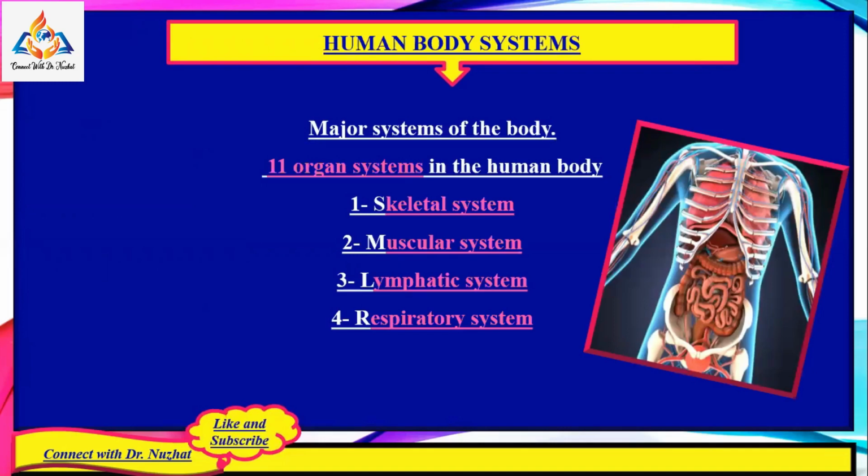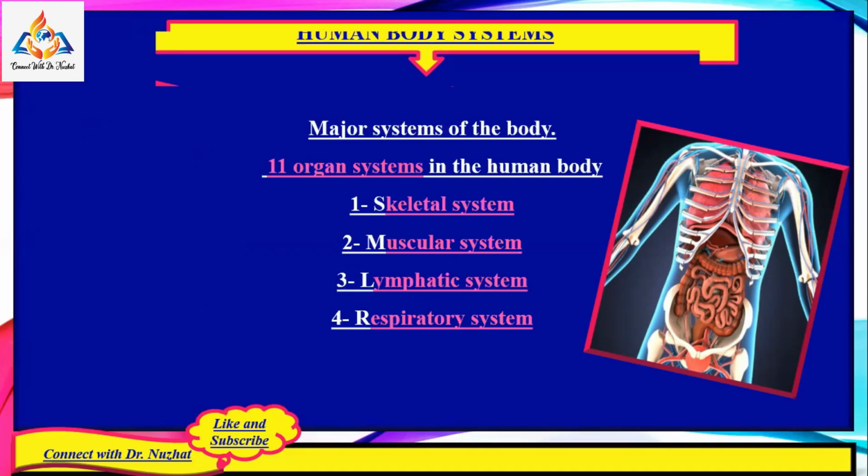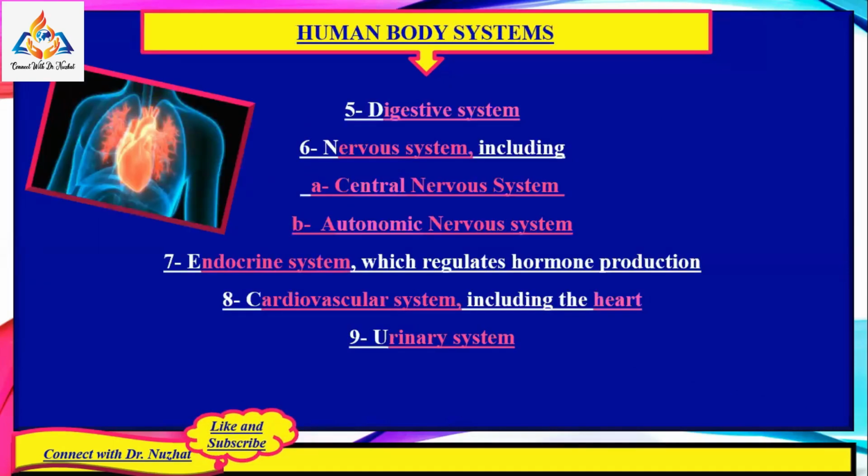Human body systems. In the major systems of the body, these are the 11 organ systems in the human body: skeletal system, muscular system, lymphatic system, respiratory system, digestive system, nervous system, which is further divided into two: central nervous system and autonomic nervous system.